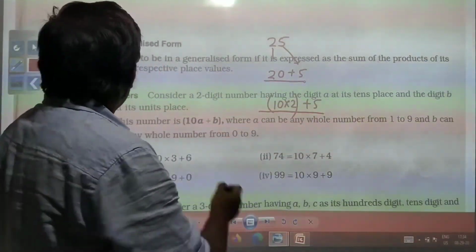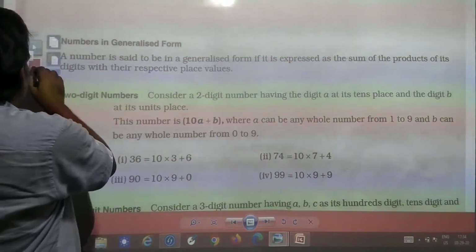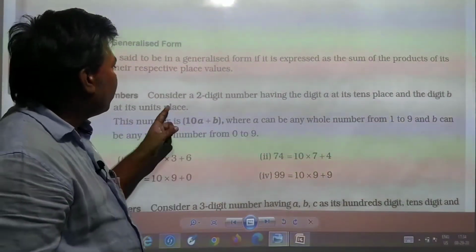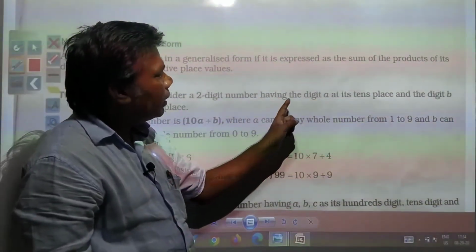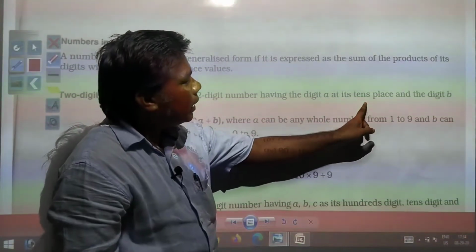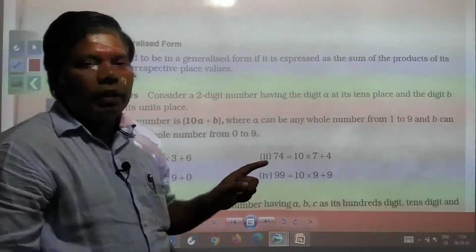So today in this class we are going to see how 2-digit numbers and 3-digit numbers are written in generalized form. First, 2-digit numbers. Consider a 2-digit number having the digit A at its tens place and the digit B at its units place.